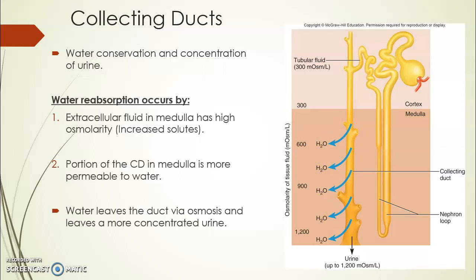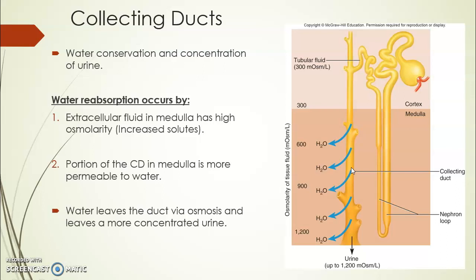If the body is dehydrated and there is a great amount of solute concentration in the extracellular tissue because there's less water, the urine is going to be much more of that darker amber color.